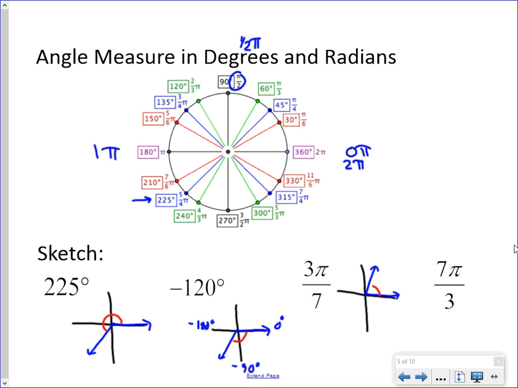So again, this one is going to end up in the first quadrant. I'm going to go around 1 time and then a third. And remember, when you draw these, if they have multiple rotations, draw the spiral. If you go around 2 times, then draw a spiral 2 and then some more.